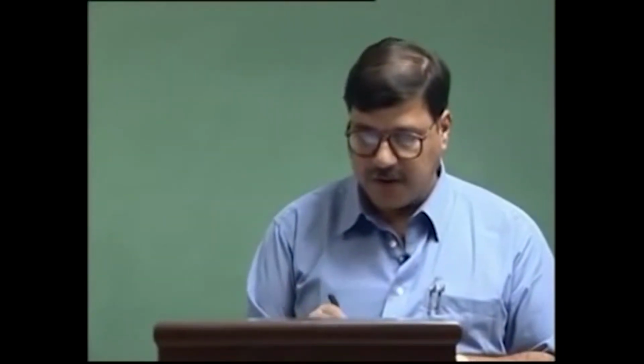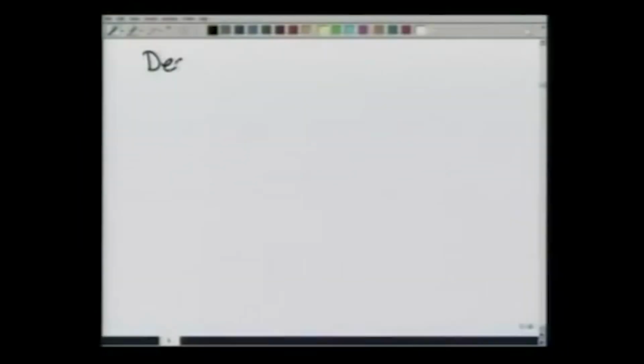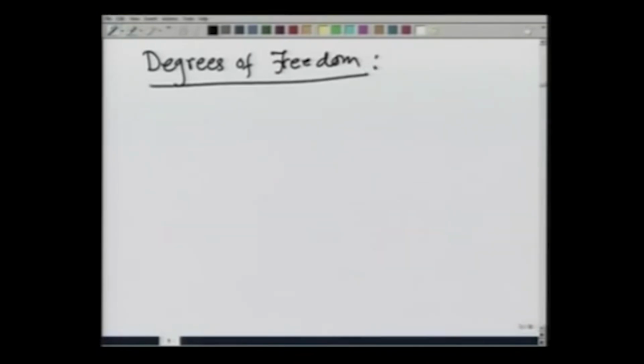So we are talking about degrees of freedom. Again, the number of parameters required to specify a system. For example, if I take a particle in 3D space, the number of degrees of freedom is 3.